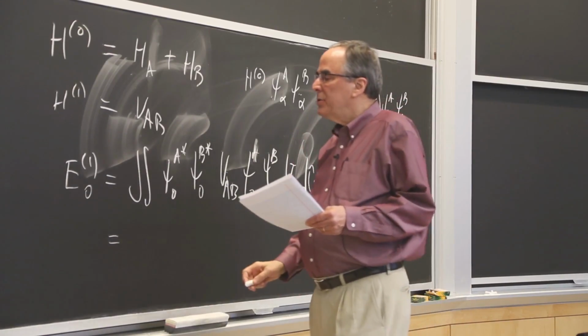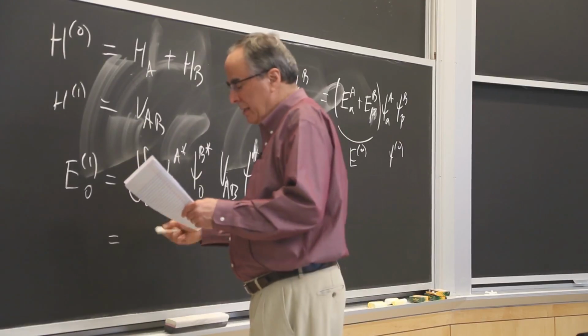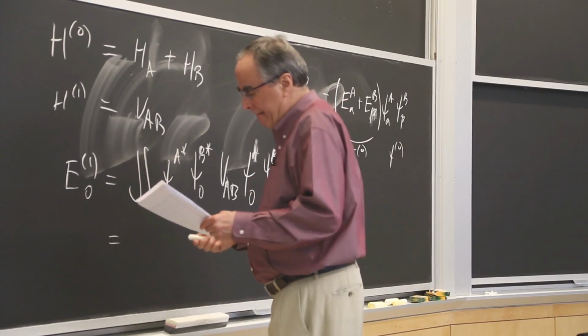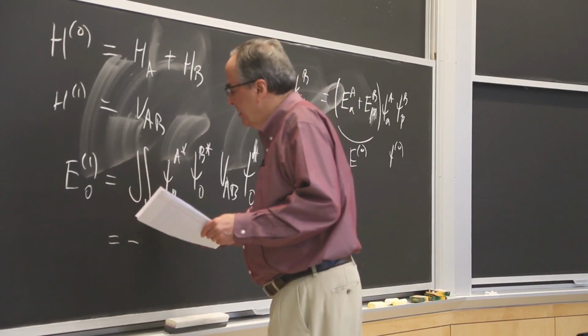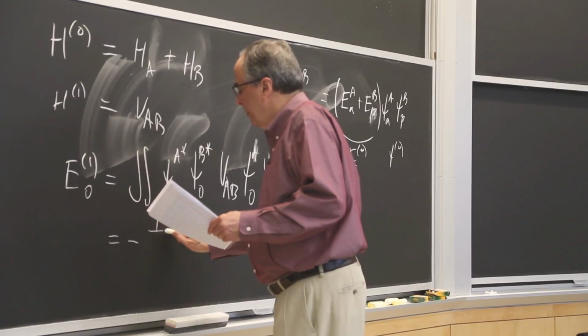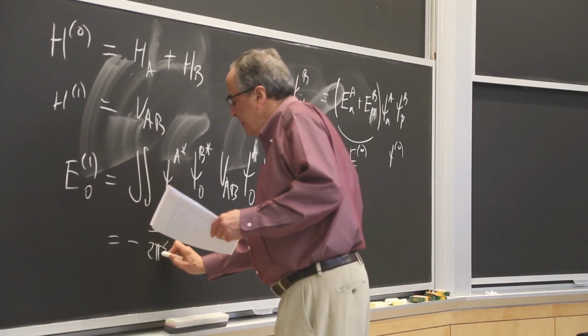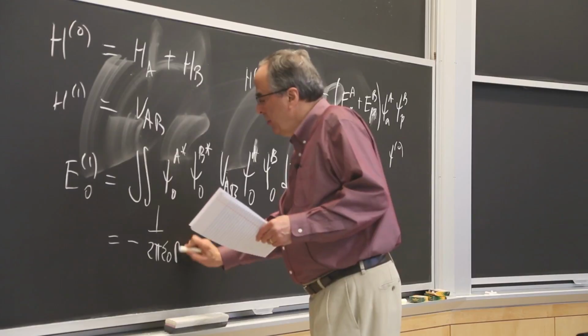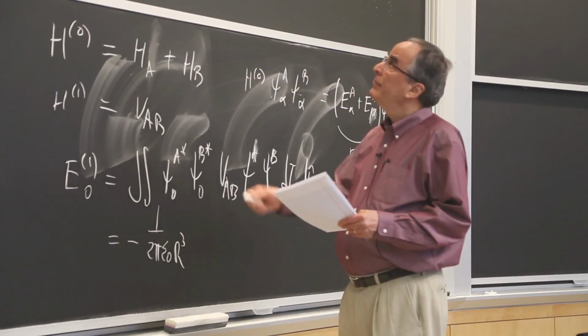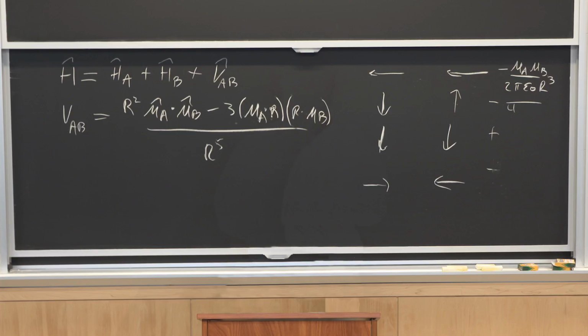And so the energy is minus 1 over 2 pi epsilon 0 r cubed. I left out the 2 pi epsilon 0 on this formula.